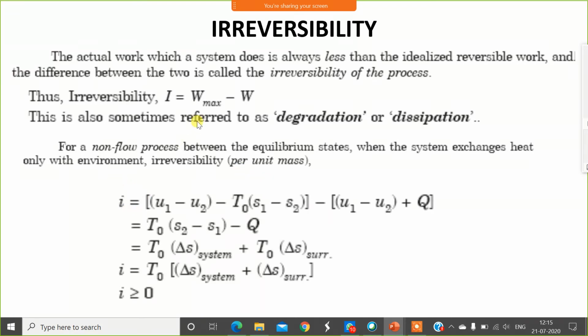Irreversibility can be written as maximum work, and maximum work is equal to u1 minus u2 minus T0 (s1 minus s2), and actual work is written as u1 minus u2 plus Q. This Q is heat rejected at atmospheric temperature T0, with a finite temperature difference. By simplifying it, it is T0 (S2 minus S1) minus Q.